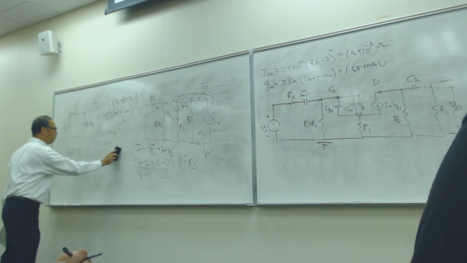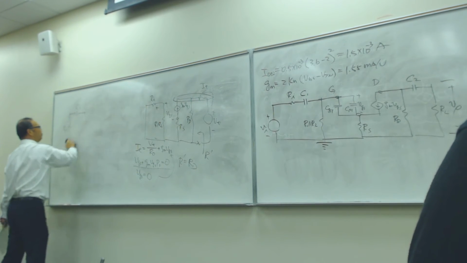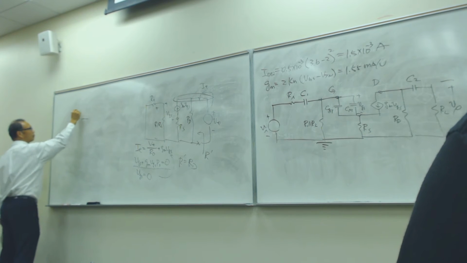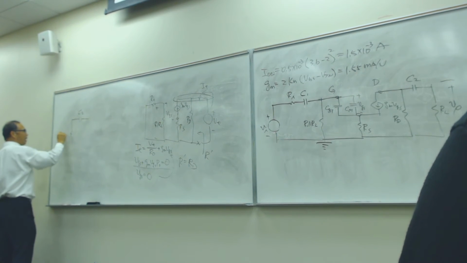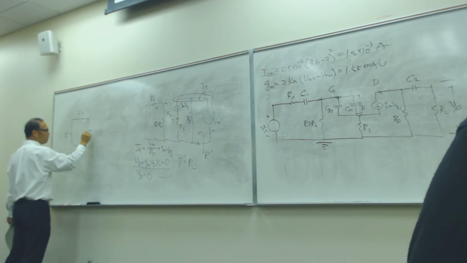All right, so if you focus on C sub 2, on the left hand side you have R prime, right? On the right hand side you have R sub L, correct?